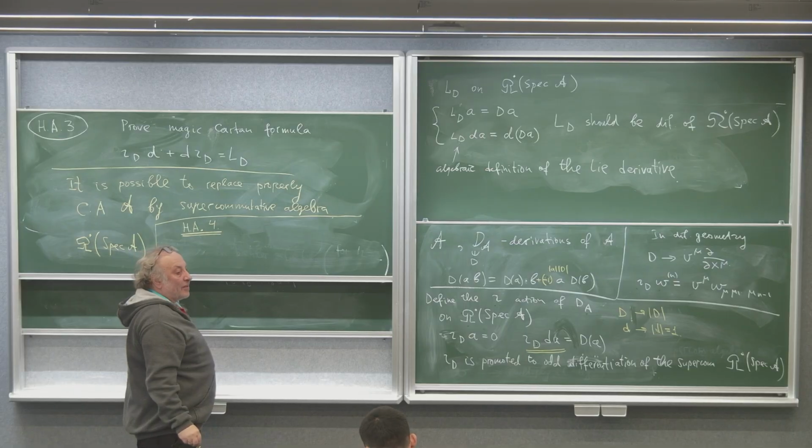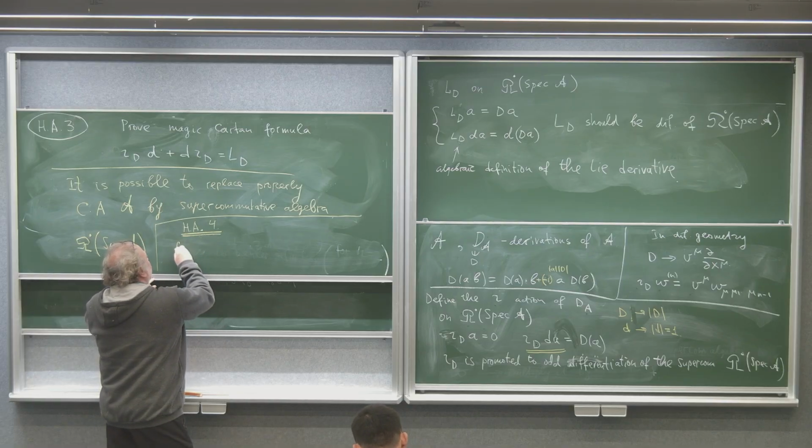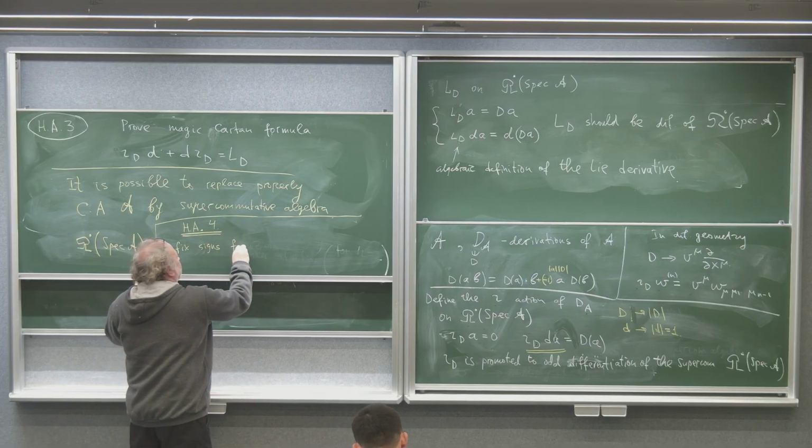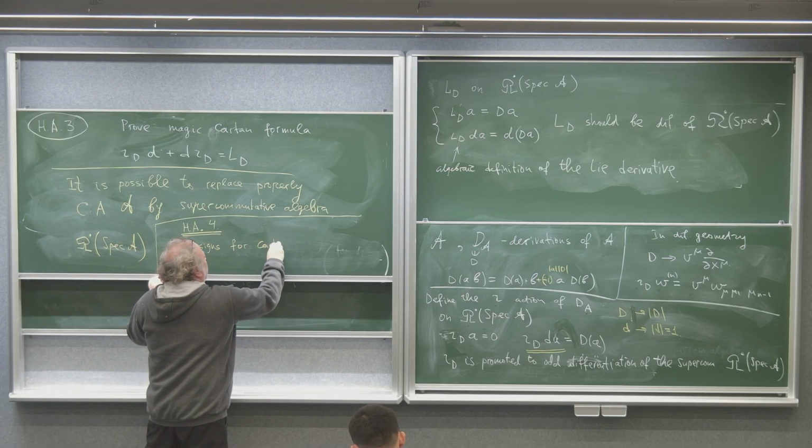In home assignment number 4, you should try to fix the signs for the Cartan magic formula.